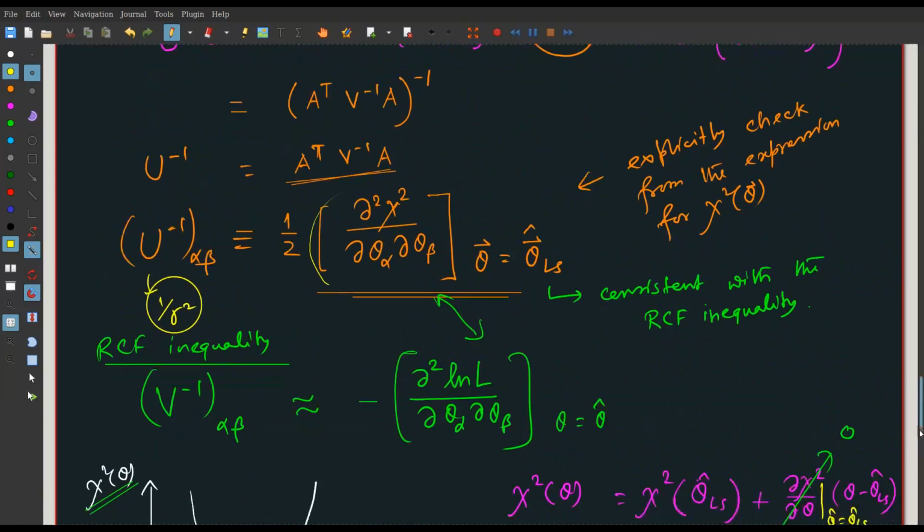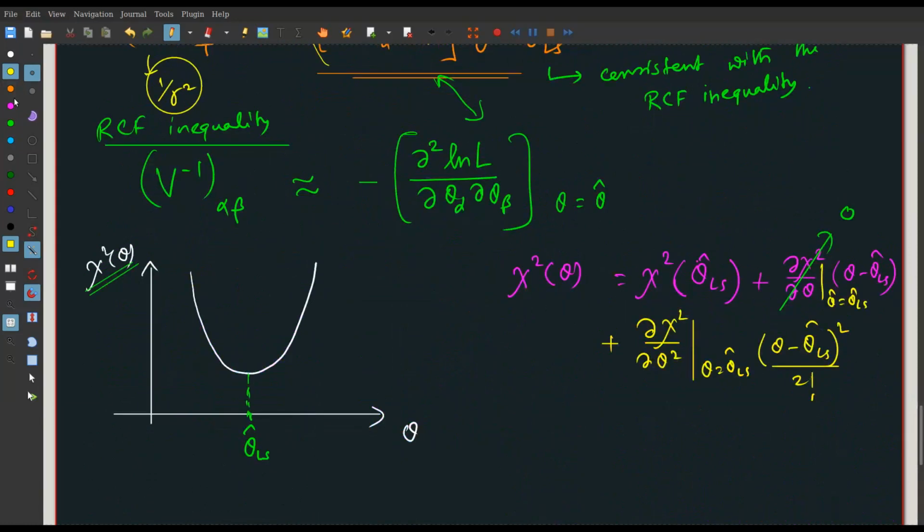Okay, so this, including the half factor, is just 1 by sigma theta ls estimate square, times theta minus theta ls whole square. This is already here. Now the first term is again chi-square mean.